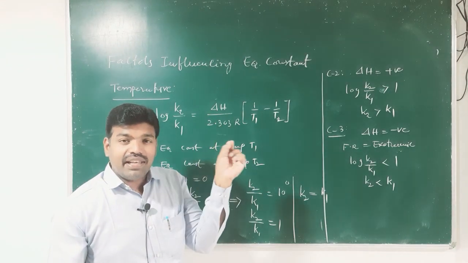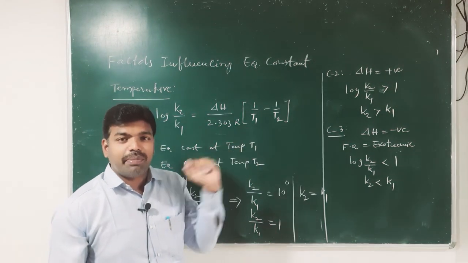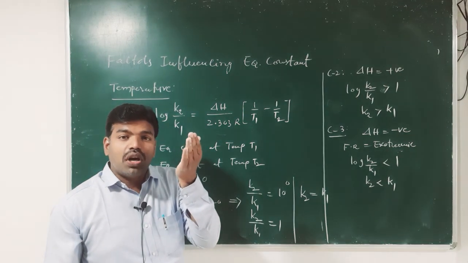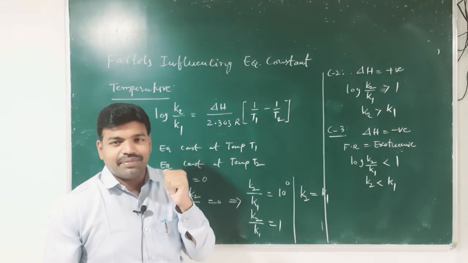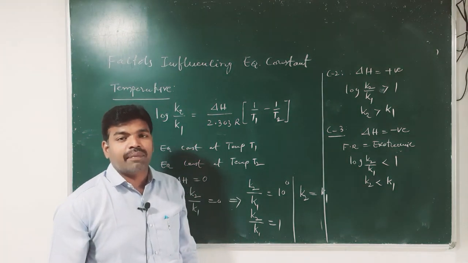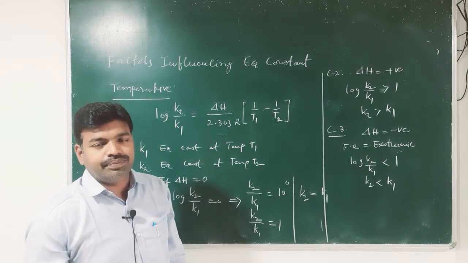And if delta H is negative, the forward reaction is exothermic, and with increasing temperature, the equilibrium constant value decreases. So this is the effect of temperature on the equilibrium constant.